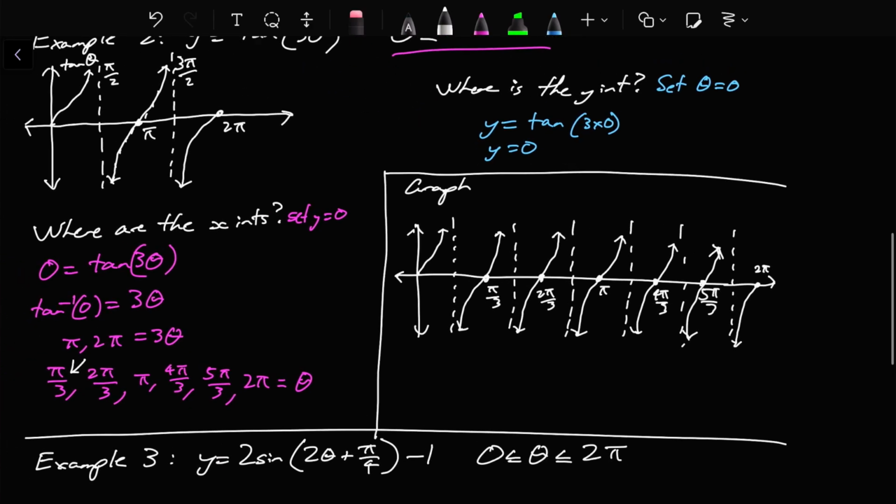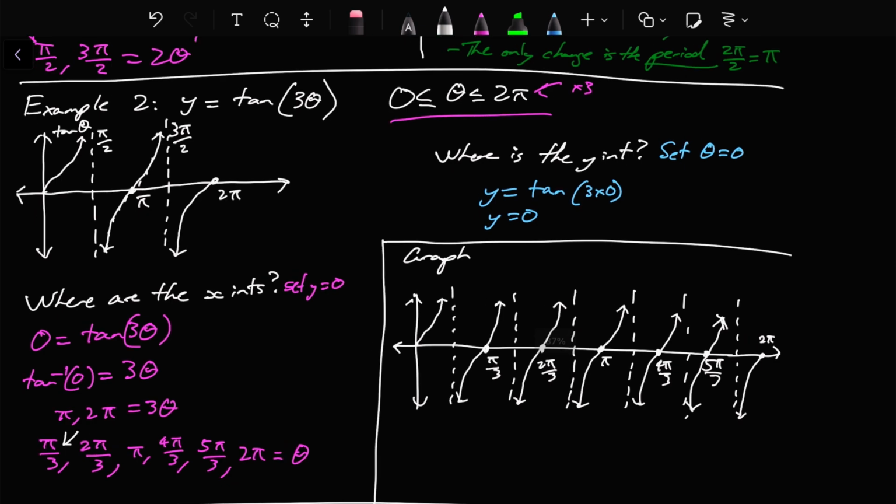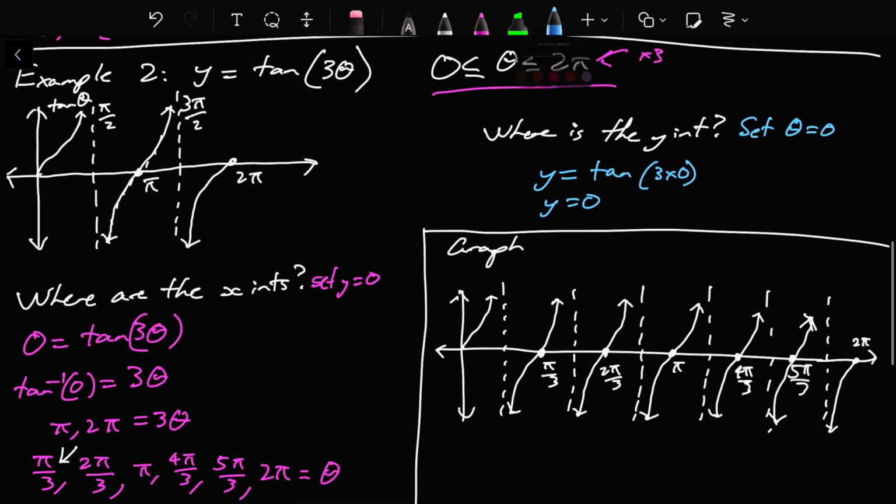And then these asymptotes, you can try to solve for these asymptotes algebraically, but you kind of don't need to, because really what we've done is we've just compacted it, and this is where the transformation method is really helpful. We can see our transformations. The main one is that the period has shifted.